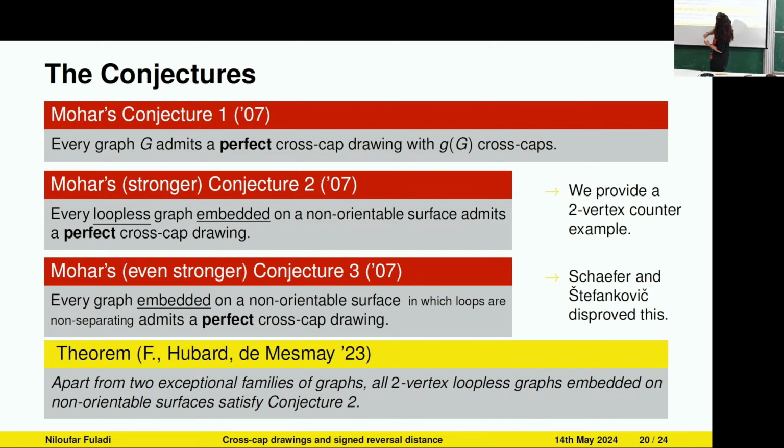So here you're given the graph with a specific embedding, and you want to find a cross-cap drawing. A cross-cap drawing is a little bit different from the embedding. It's not canonical. You can have different cross-cap drawings that correspond to one embedding. So here he asked if you can find a cross-cap drawing in which every edge enters every cross-cap at most once, the number of cross-caps is exactly the genus, and the cross-cap drawing corresponds to exactly the given embedding. Yes, exactly.